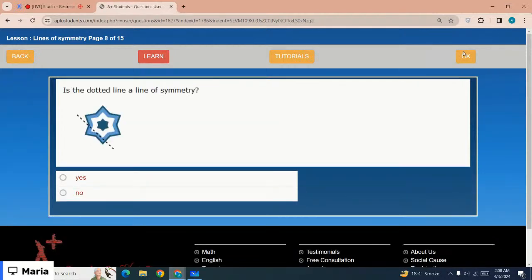Is the dotted line a line of symmetry? No, it is not. This is not a line of symmetry.